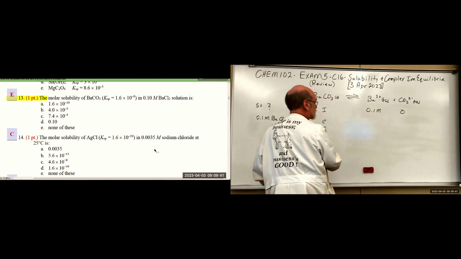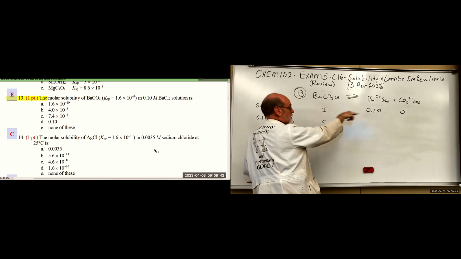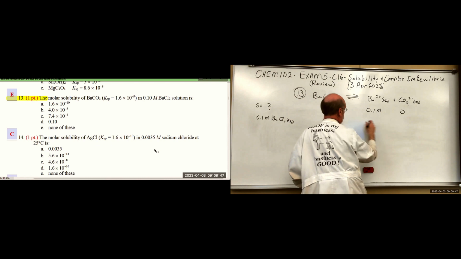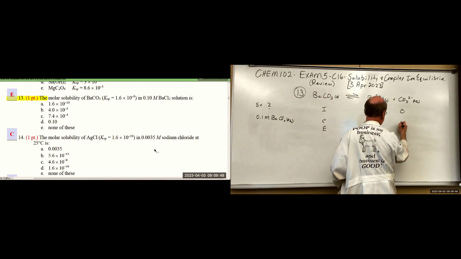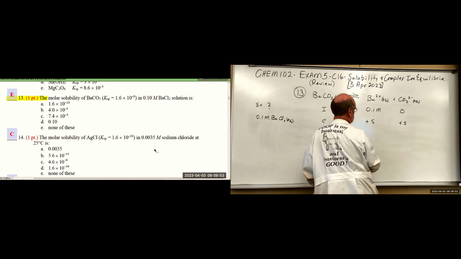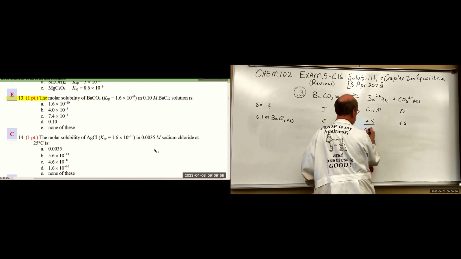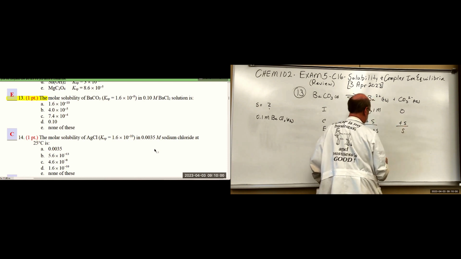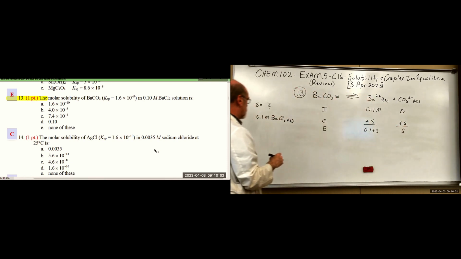All right, so what's the change? Well, there's no carbonate, so it has to go that way. We're going to get plus S here, and plus S here. So it's 0.1 plus S here and S here for our equilibrium expression.